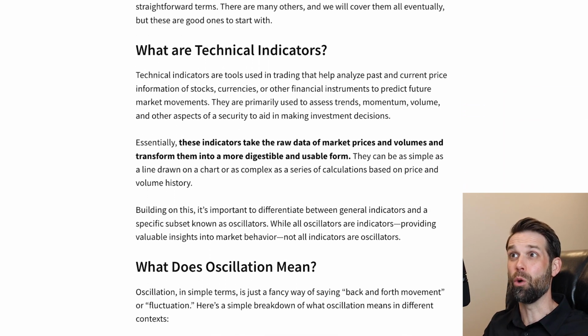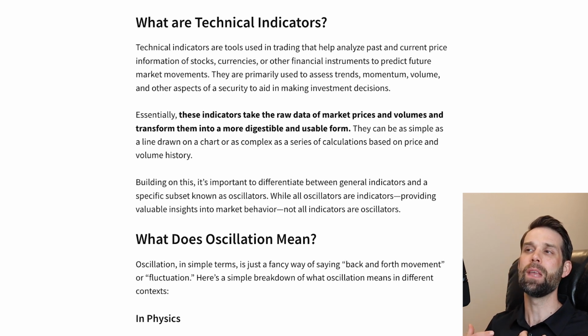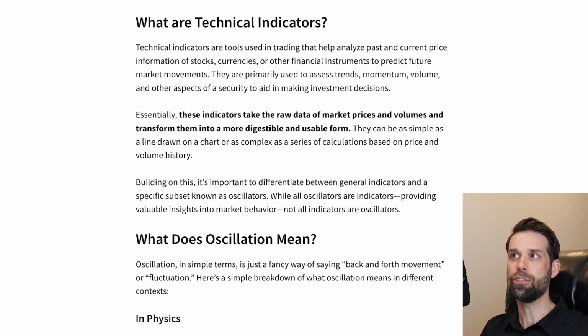In terms of what a technical indicator even is, these are tools used in trading to help us analyze past and current price information on a stock or a currency or a security, and we analyze this information to help us predict future price movement. That is what an indicator is. It's primarily used to assess trends, momentum, volume, and other aspects of a security to help us with our trading decisions.